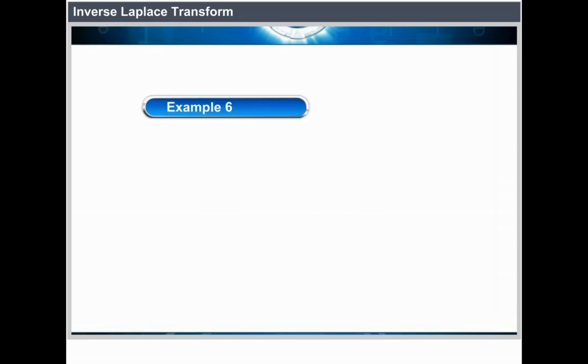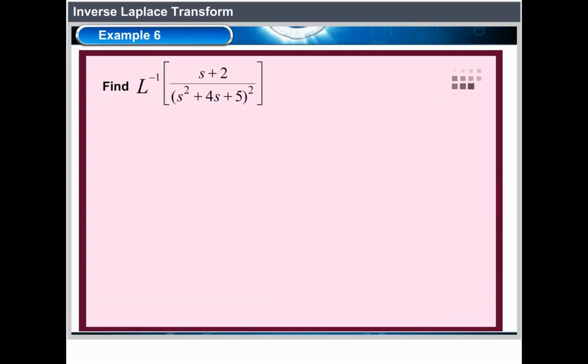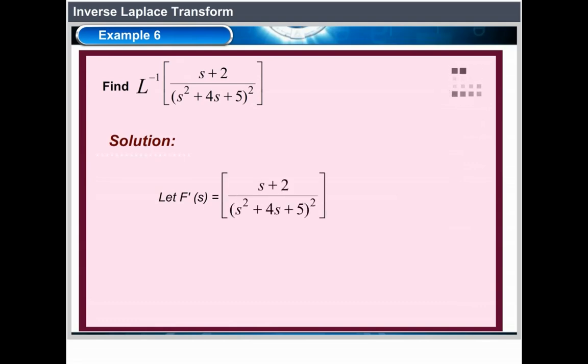Example 6. Find L inverse of s plus 2 divided by s square plus 4s plus 5 the whole square. Solution. Let capital F dash of s equal to s plus 2 divided by s square plus 4s plus 5 the whole square. Here we are putting the integration with respect to ds on both sides.